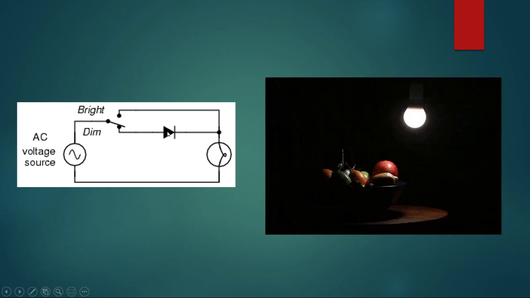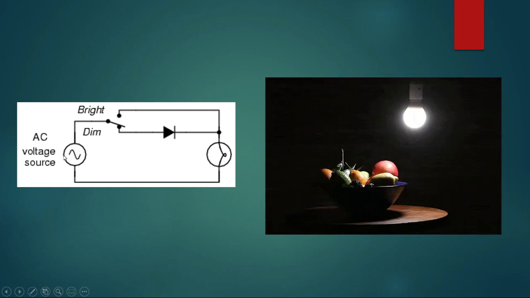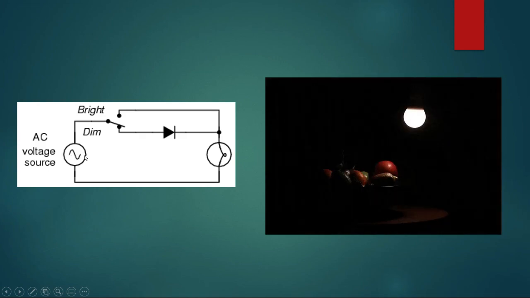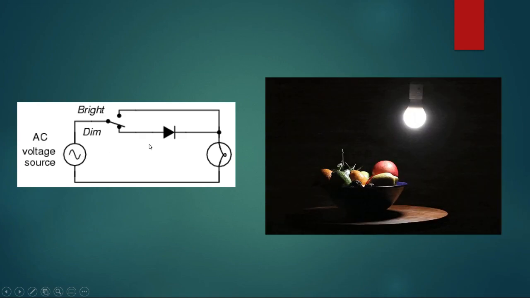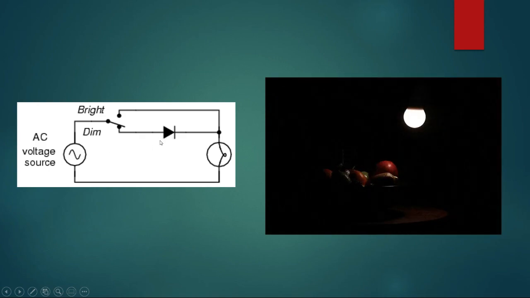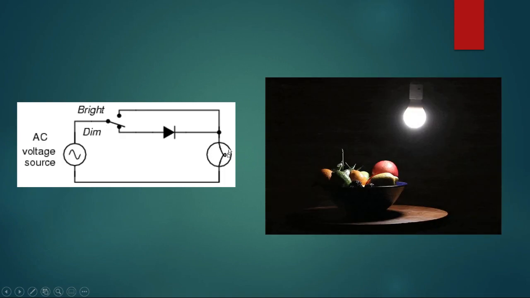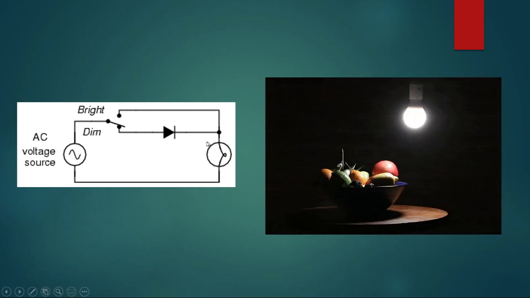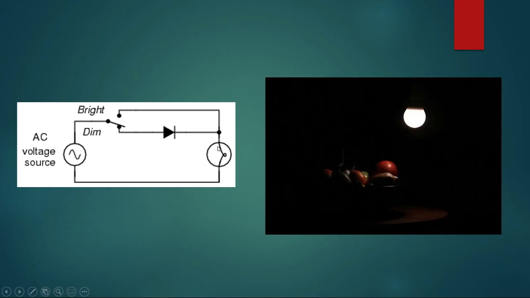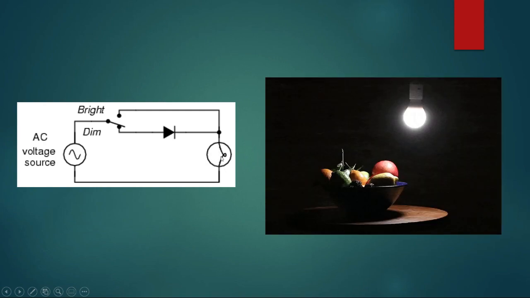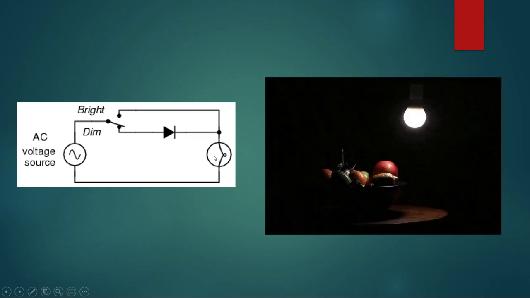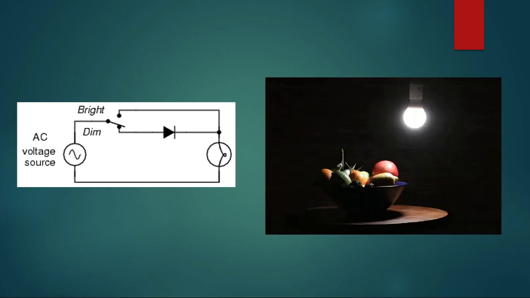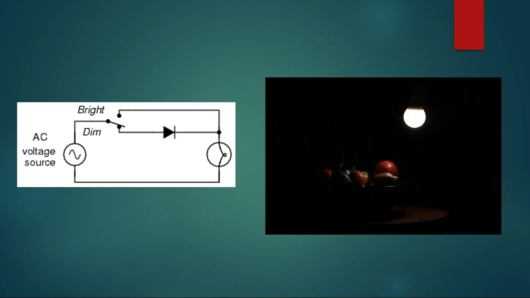So what is the function of the diode? It will be on only for the positive cycle and off for the negative cycle. So once it is in the positive cycle, this bulb glows, and in the remaining half cycle the bulb should go off, but it will not go directly off because inside bulbs there is a filament, and when the filament gets heated, it releases photons and we get the light.